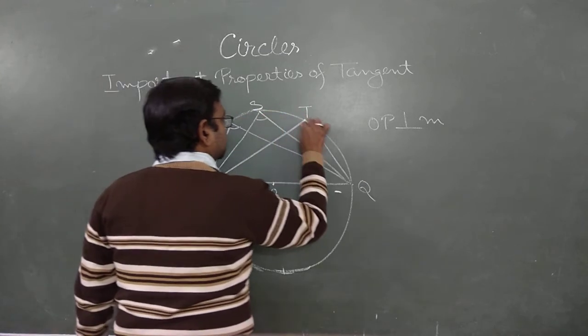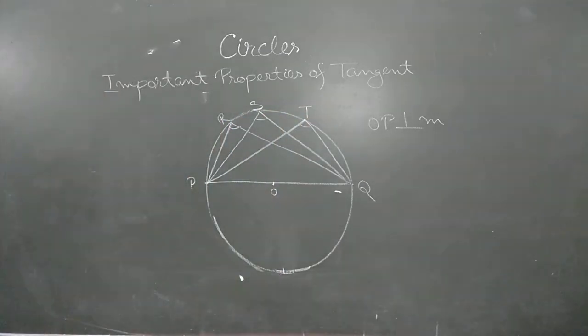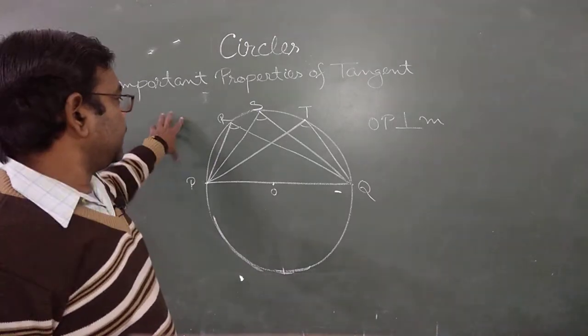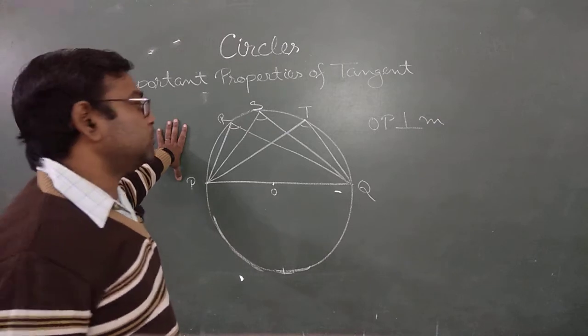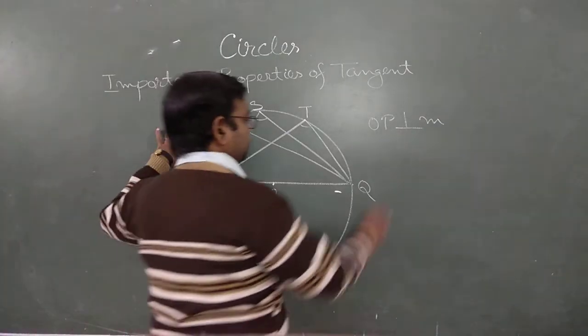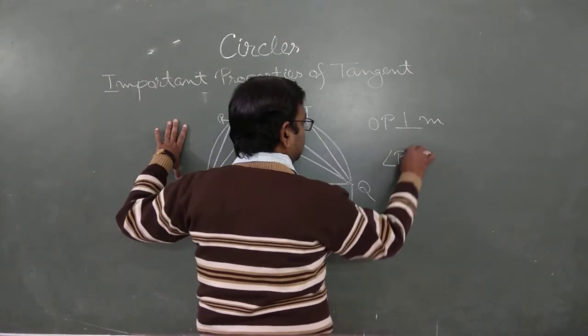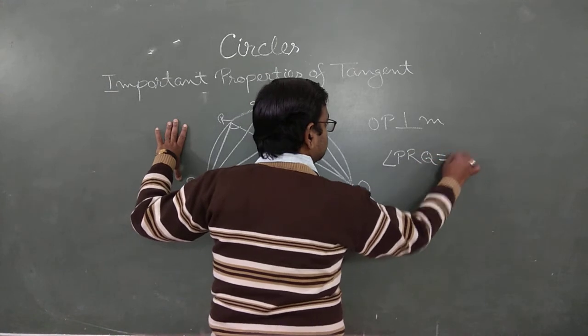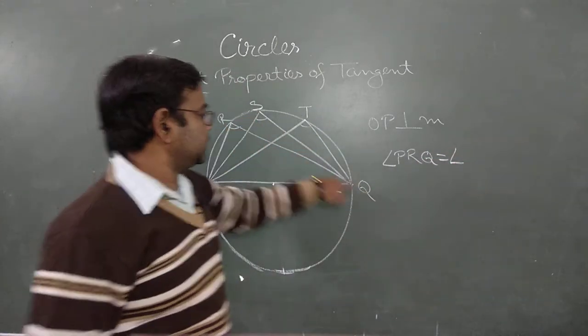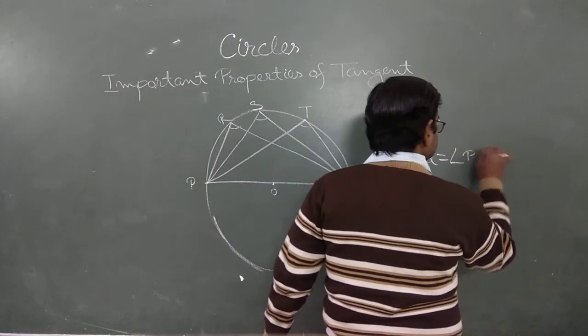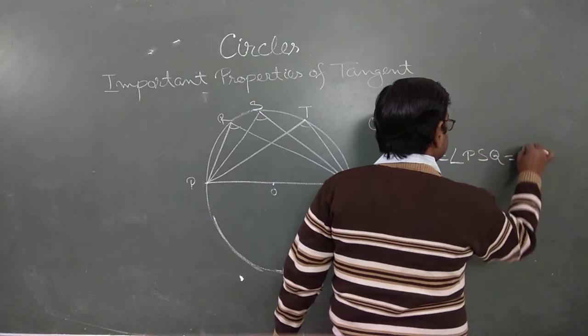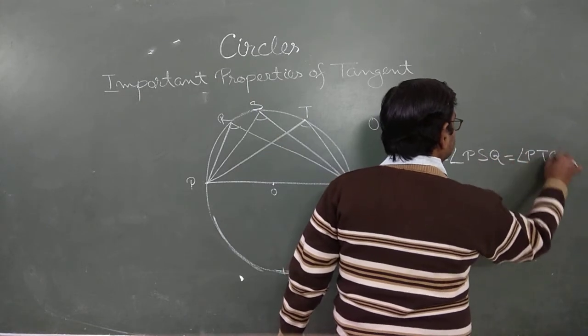Each of these angles is known as an angle in a semicircle, and always remember that the value of an angle in a semicircle is equal to 90 degrees. Means angle PRQ is equal to angle PSQ is equal to angle PTQ.